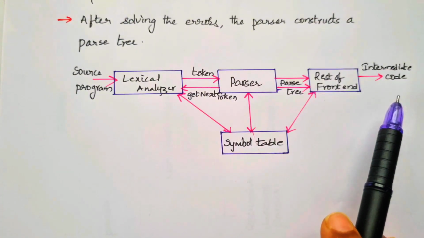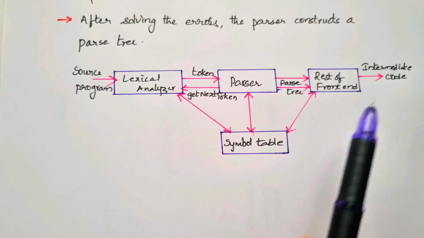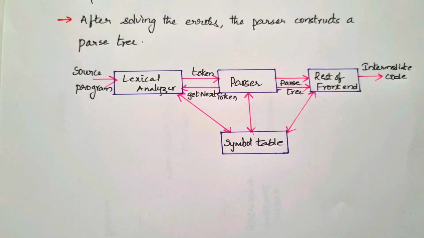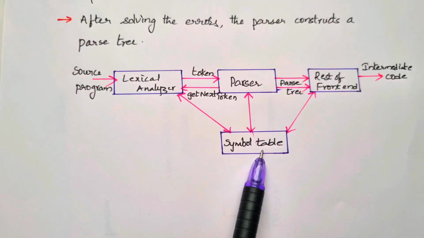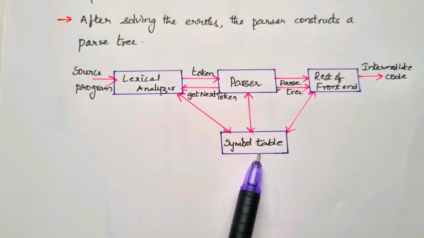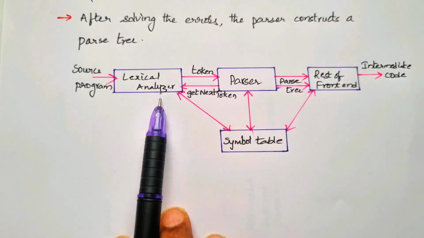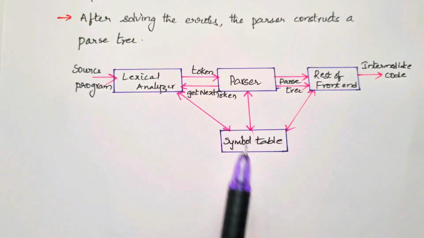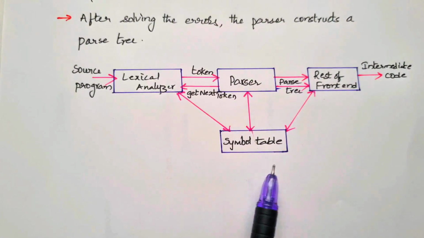The frontend then performs further tasks such as semantic analysis and generates an intermediate representation of the program. Throughout this process, the symbol table is used to store information about identifiers, variables, functions, and other program elements. Both the lexical analyzer and parser interact with the symbol table whenever necessary.